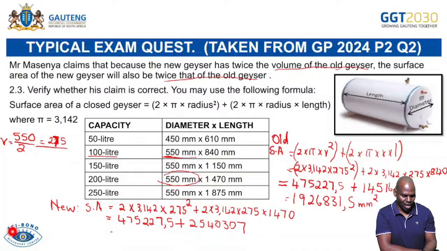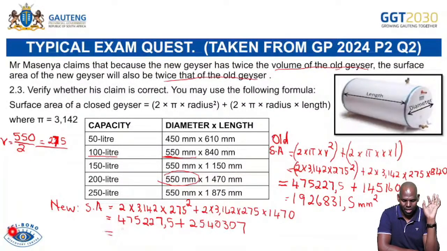Then now I can just add 475,227.5, and then I'm getting 3,015,534.